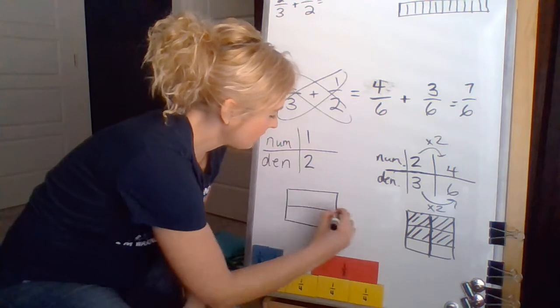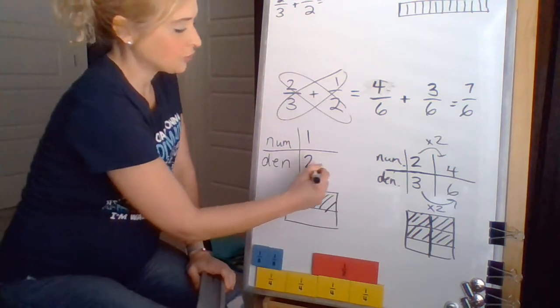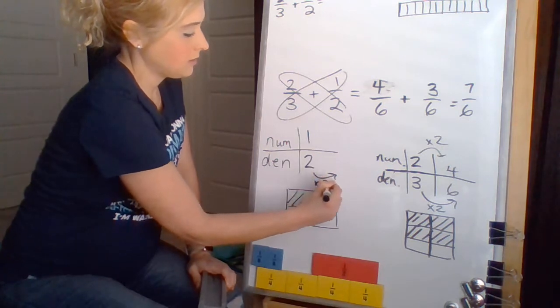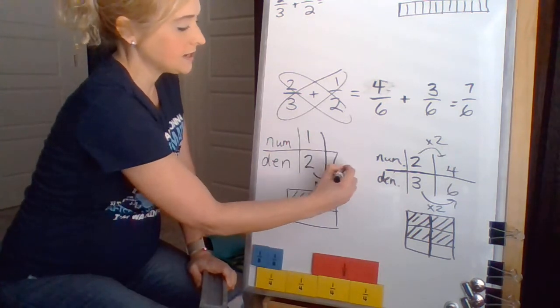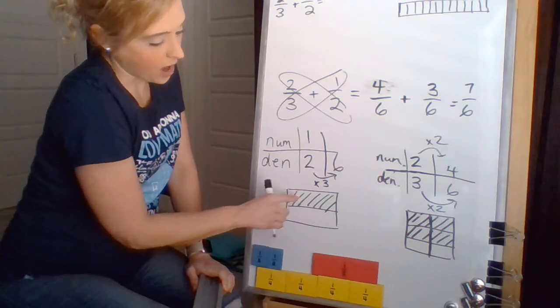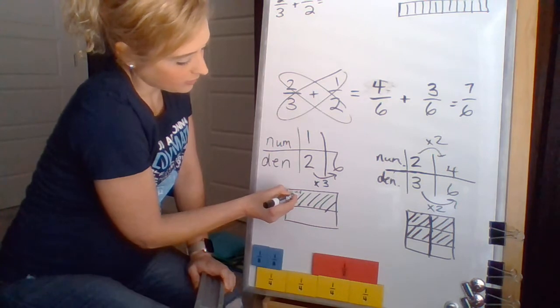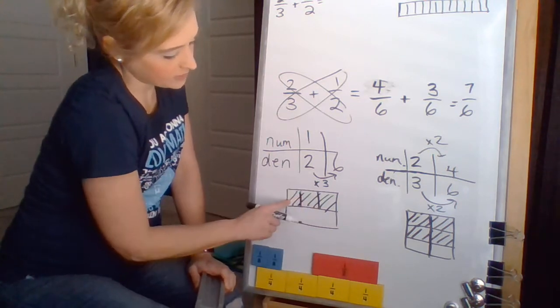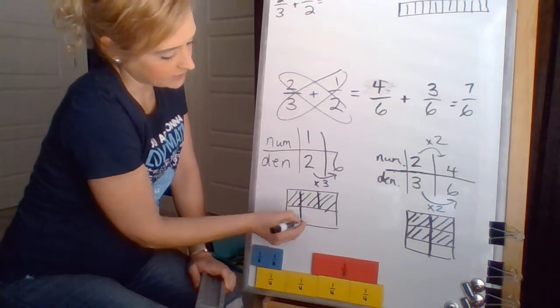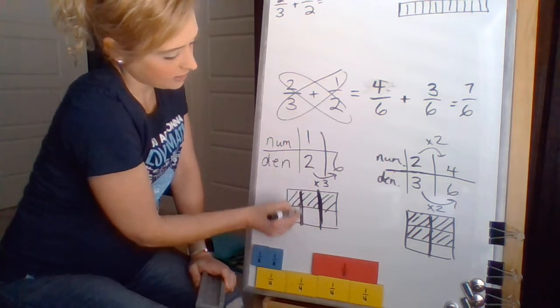I have 1/2 here, and I tripled the denominator to be 6, okay? So what I did was I split each half into 3 equal parts. So there's that half split into 3 equal parts, and there's that half split into 3 equal parts. So I can use that same line there, okay?